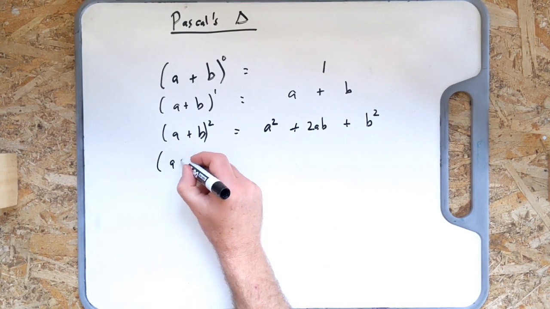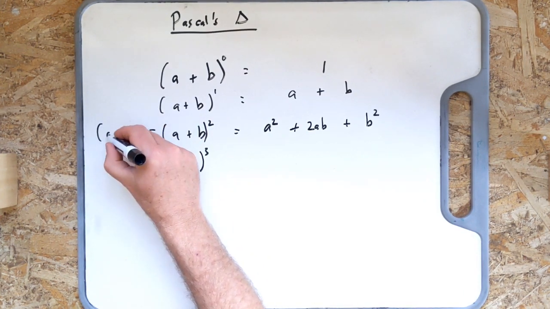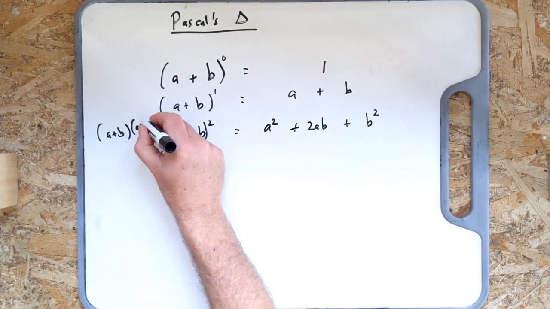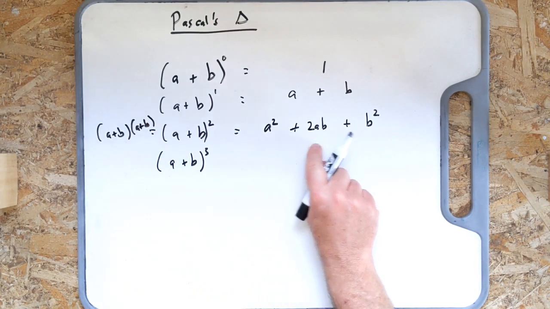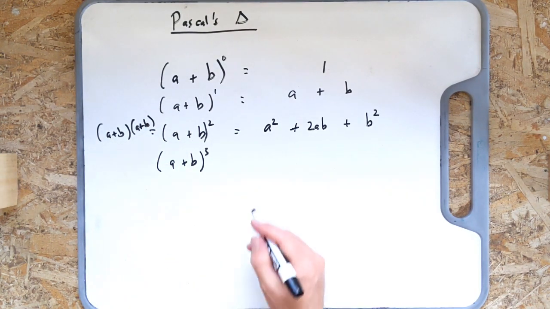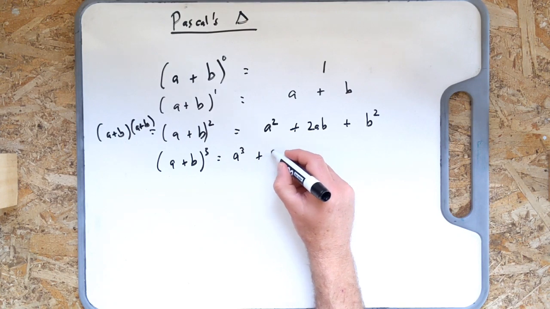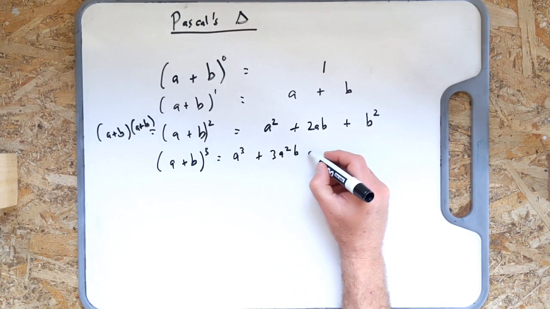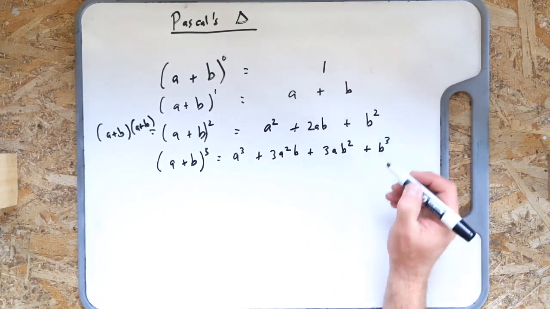Now if I do the cube, if you don't see that, this is a plus b times a plus b FOILed. Now I've got to do it cubed, which means I've got to take this thing and multiply it by another a plus b. Turns out if I get that, I'm not going to show it, it's a huge multiplication exercise, but I'll get a cubed plus 3a squared b plus 3ab squared plus b cubed.